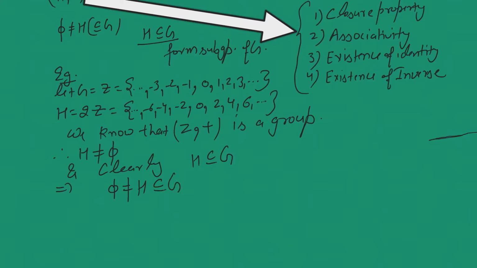Now next we show that H with respect to addition is a group. For a group we know that the first property is closure property, so we will see closure property.